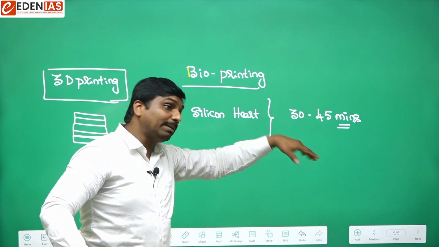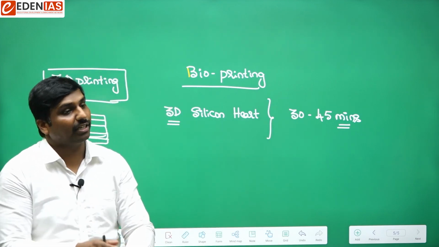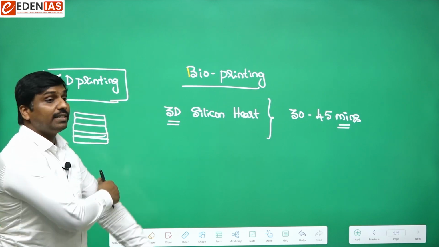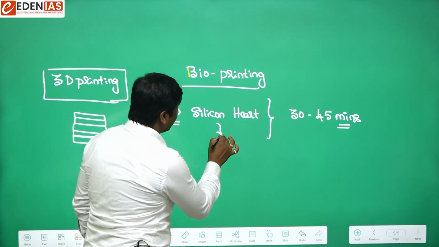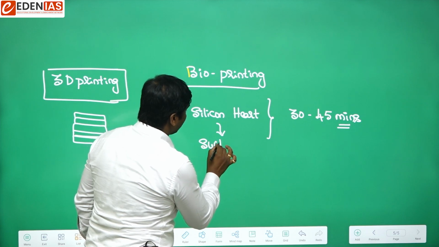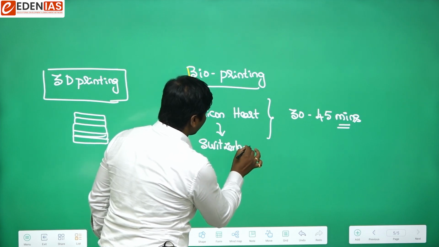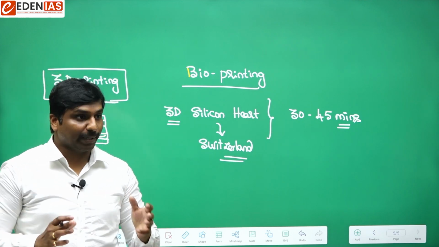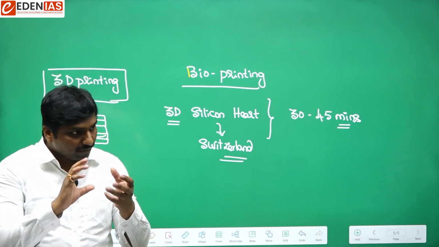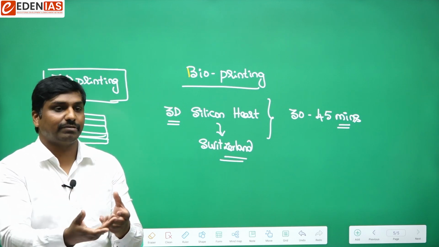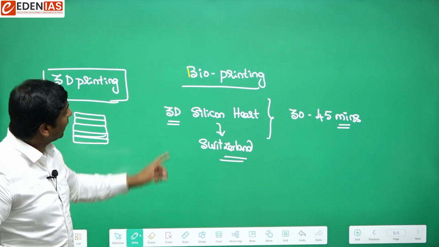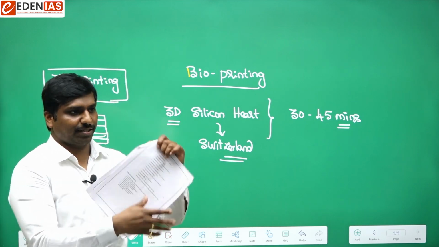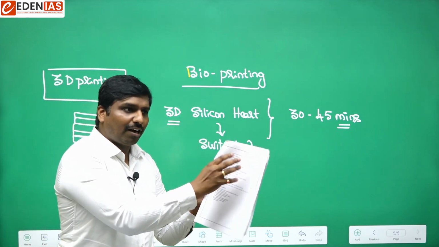Within this time, they have to replace it with the original heart they intended. This 3D silicon heart has been developed by Switzerland scientists with the help of bioprinting. That means it is a heart produced by 3D printing, and that 3D printing technique is known as bioprinting.